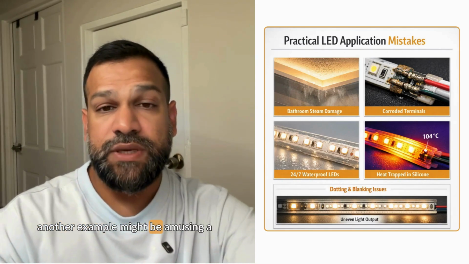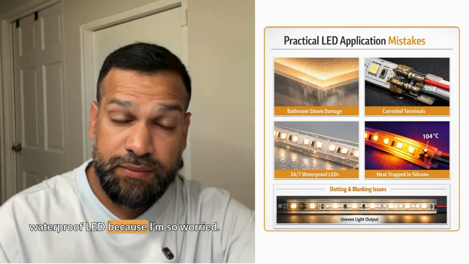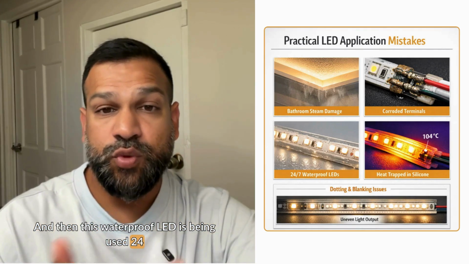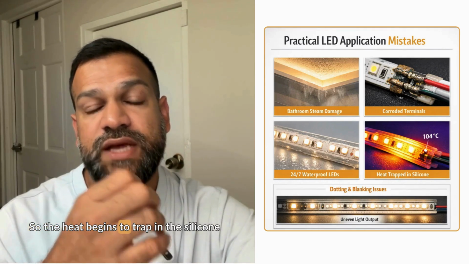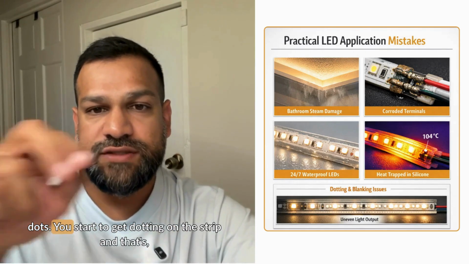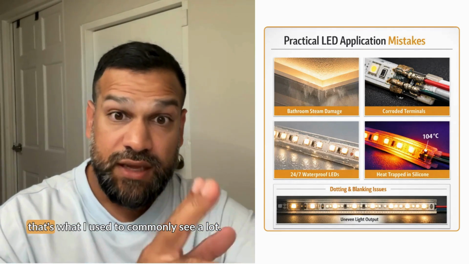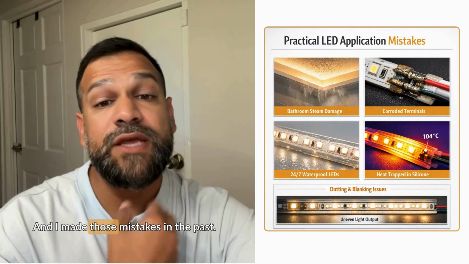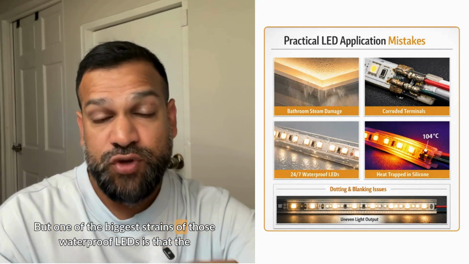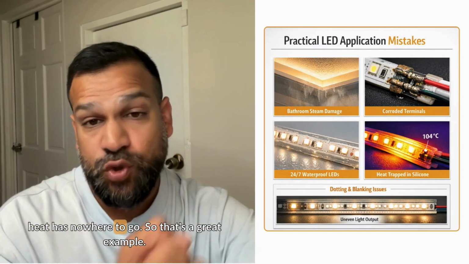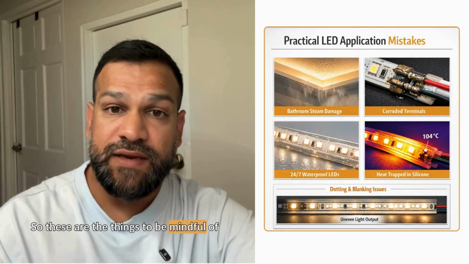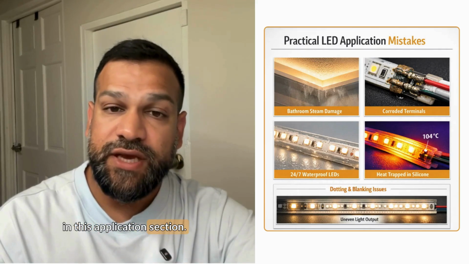Another example might be, I'm using a waterproof LED because I'm so worried, and then this waterproof LED is being used 24 hours, so the heat begins to trap in the silicone, and then the LEDs start to blank off, you start to get dotting on the strip. That's one I used to commonly see a lot, and I made those mistakes a long time ago. But one of the biggest strains of those waterproof LEDs is that the heat has nowhere to go. So that's a great example. These are the things to be mindful of in this application section.